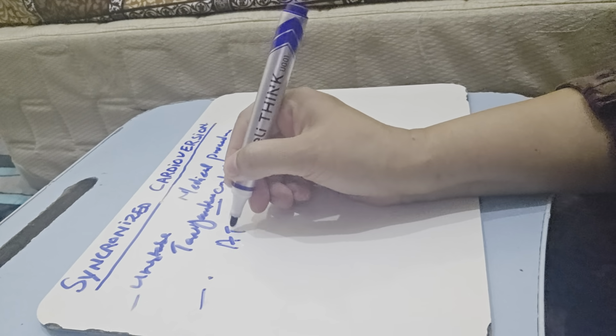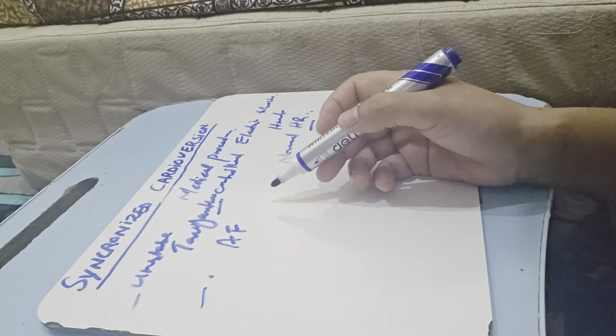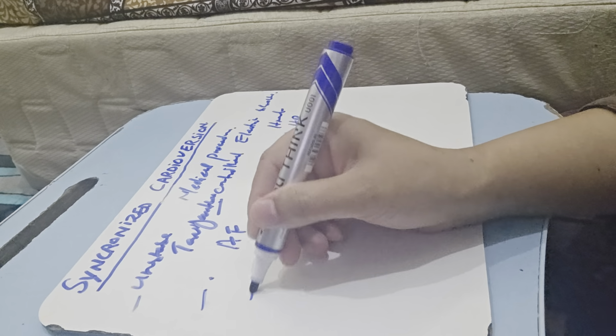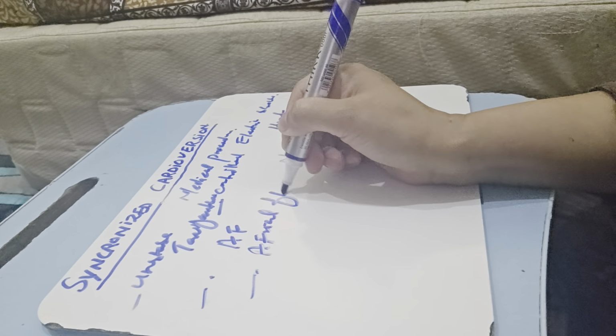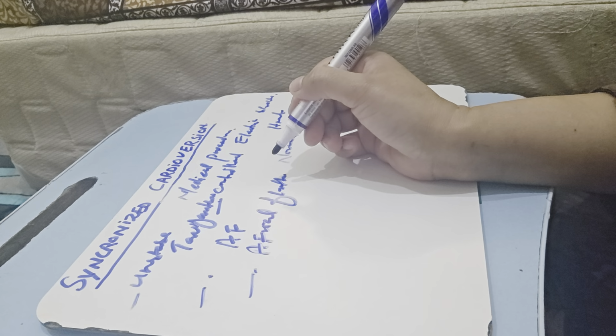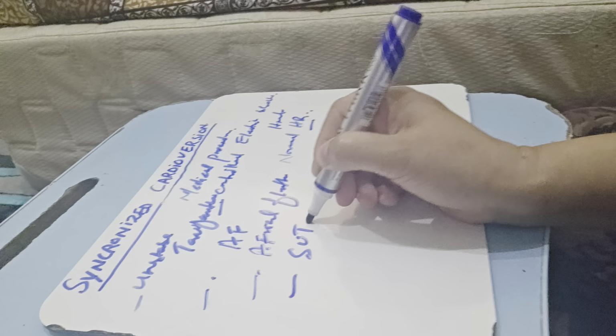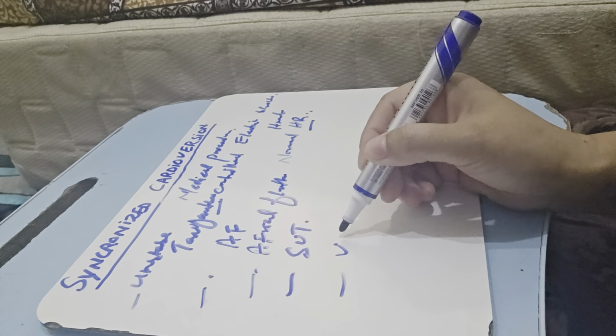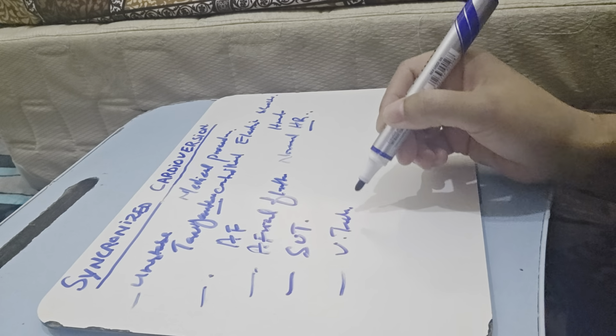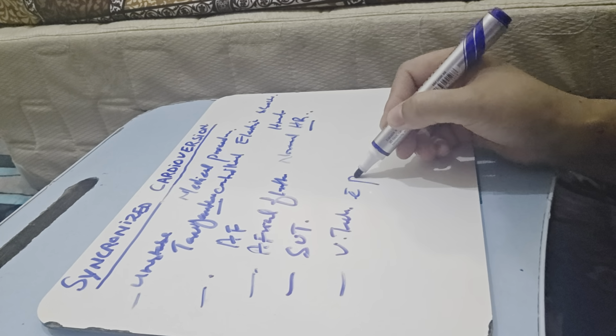For example, AF means atrial fibrillation, then atrial flutter, then SVT means supraventricular tachycardia, and VTAC means ventricular tachycardia but with pulse.